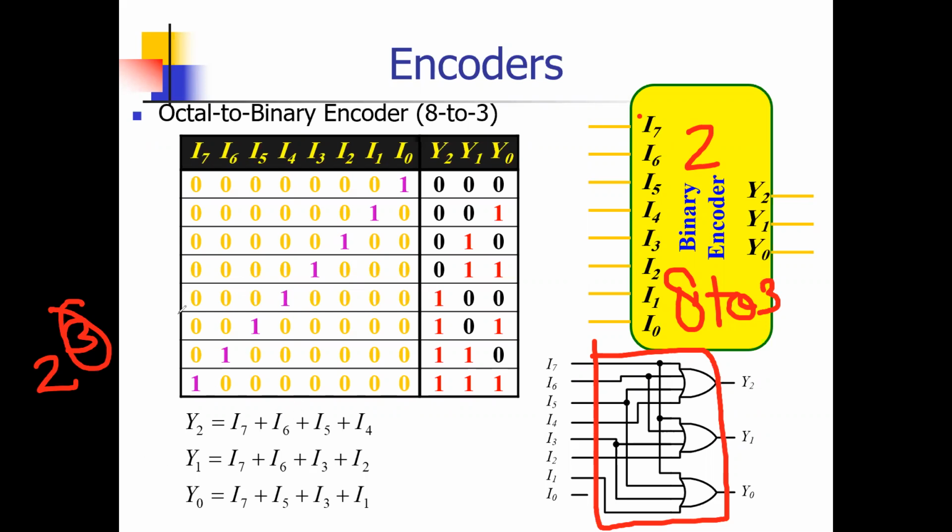If I have 16 inputs, how many outputs? 2 raised to power 4, so there will be 4 outputs. If we have 4, then 4 means 2 raised to power 2, so 2 outputs. So then 4 to 2 encoder. The power of n will be the output.